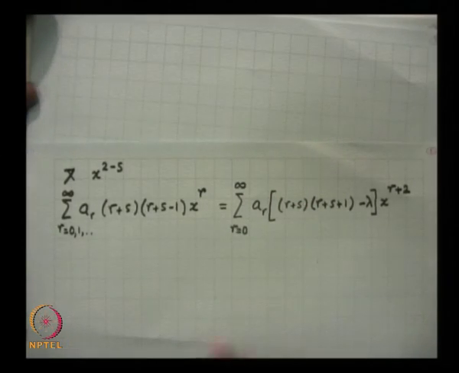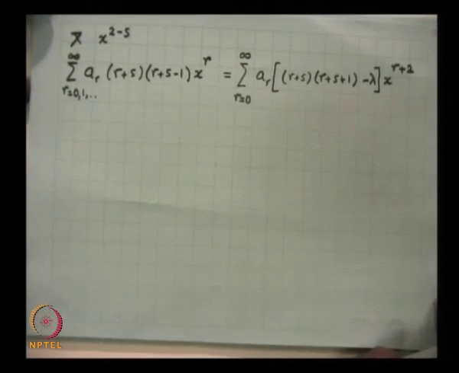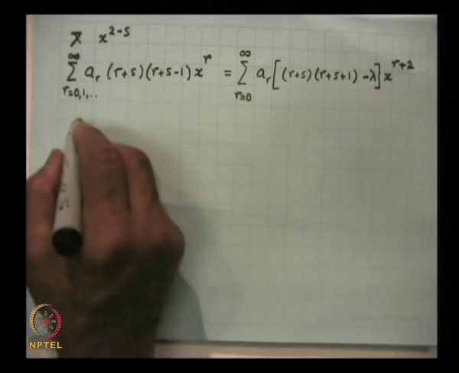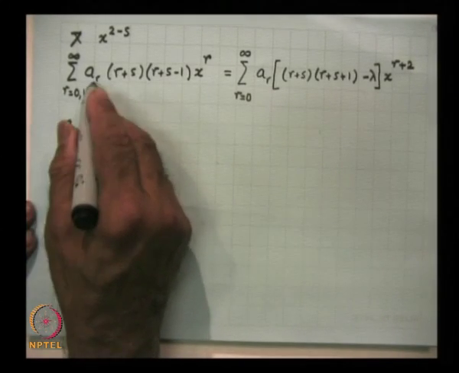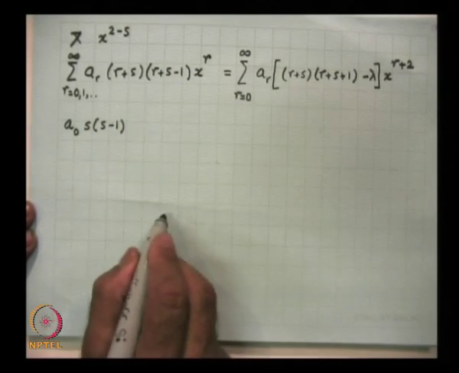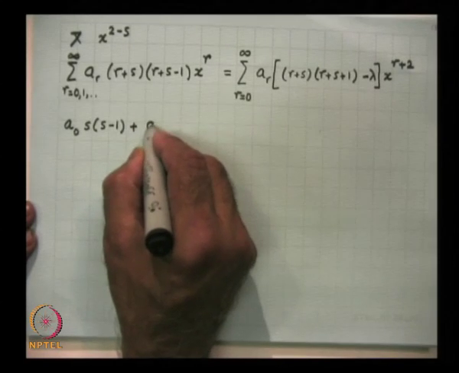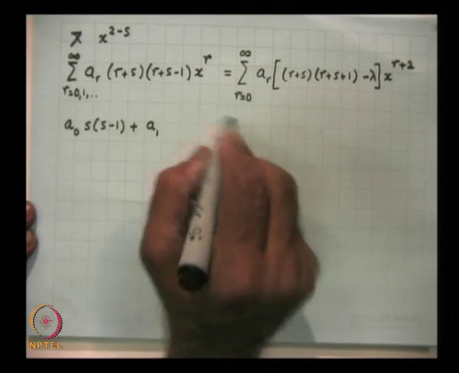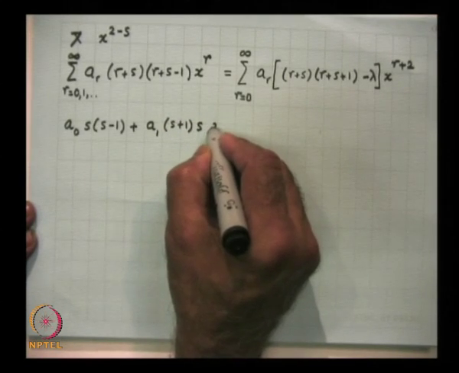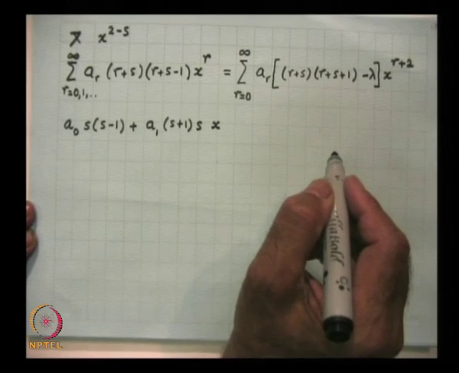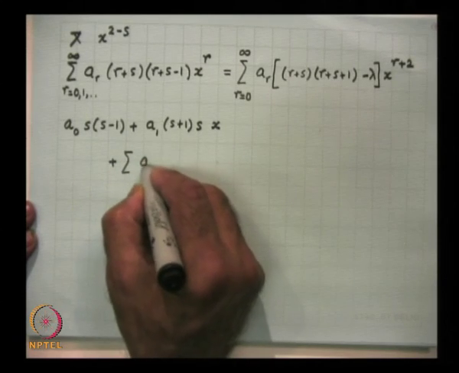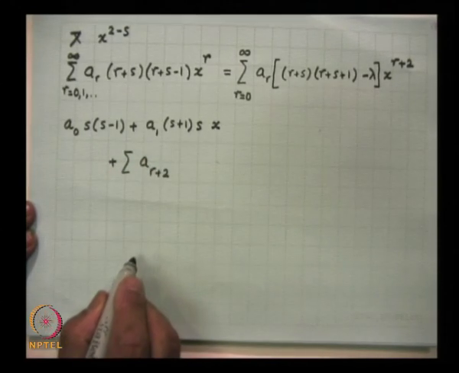Now, this equation, as we had mentioned earlier, is valid for all values of x. So, I make an expansion. The first term is a_0 s into s minus 1 x to the power of 0, plus a_1 into s plus 1 into s multiplied by x, and then we will have plus summation a_(r plus 2). I replace r by r plus 2.